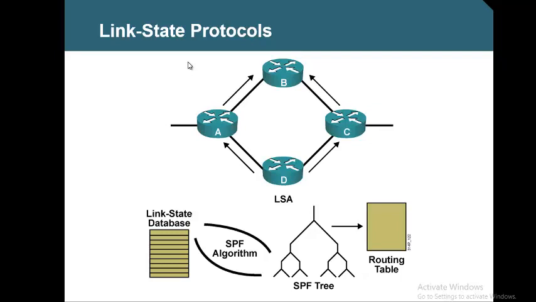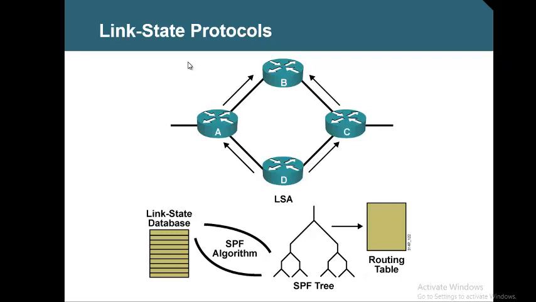So we have the cost, which is auto calculated based on what bandwidth you have. You also can have your own customized cost, which will be used as a metric to calculate the best path.